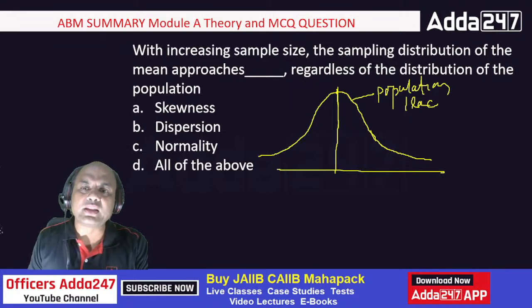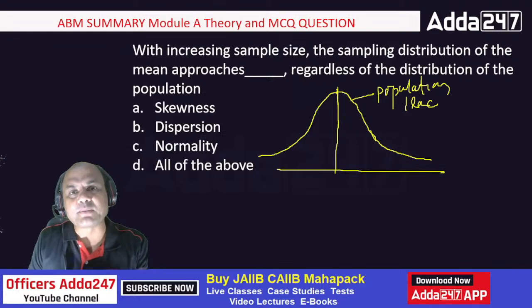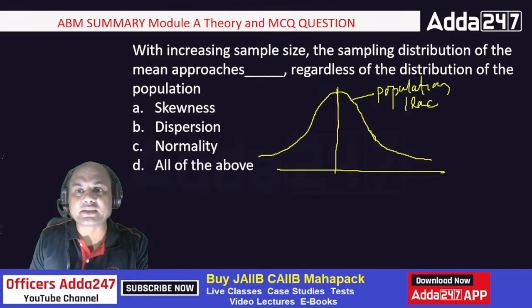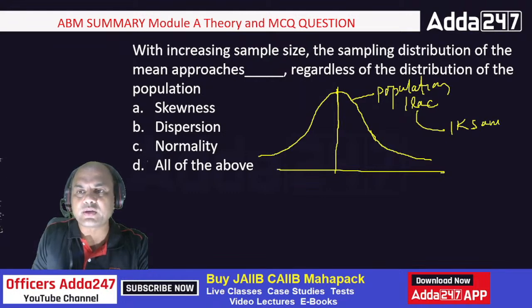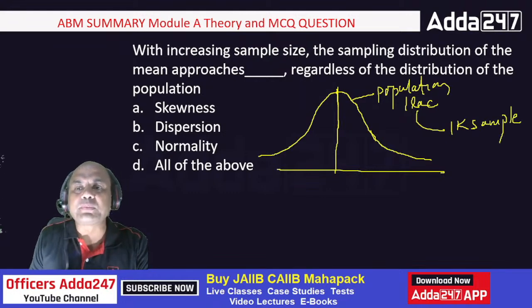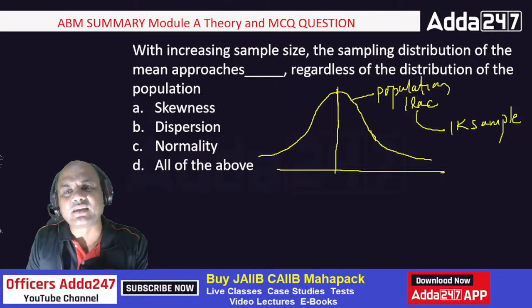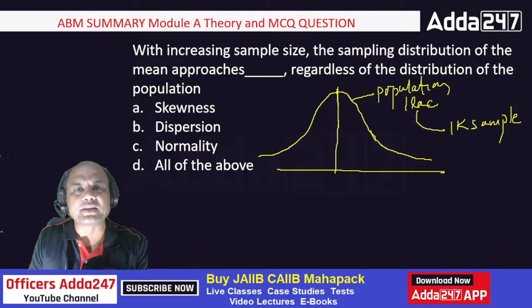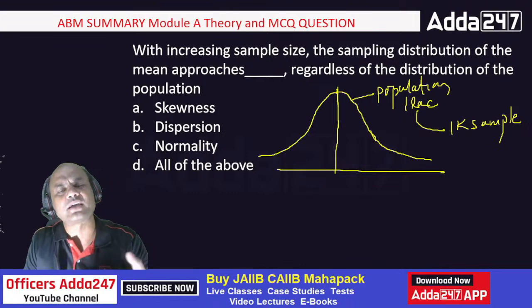Now what am I doing? In this 1 lakh, I am taking some samples. Let's say I am taking 1000 samples. Now, suppose I want to find out the salary of this complete population of 1 lakh people, the average salary.